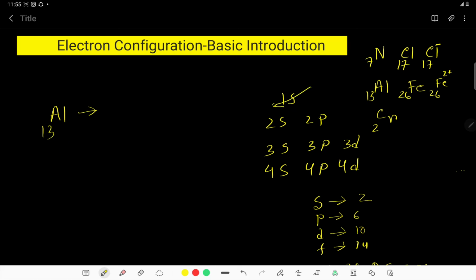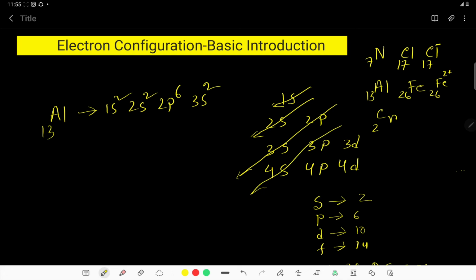So let us put 1s2, then 2s2, then 2p, 6, 8, 10, then 3s2, 12, then 3p, 1, right?